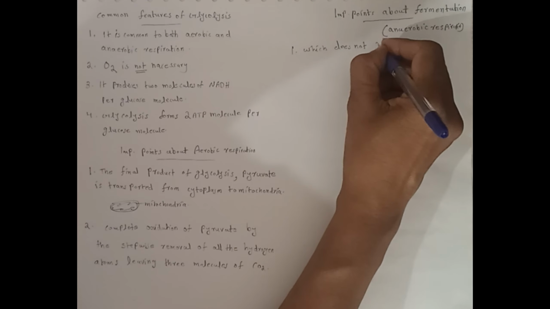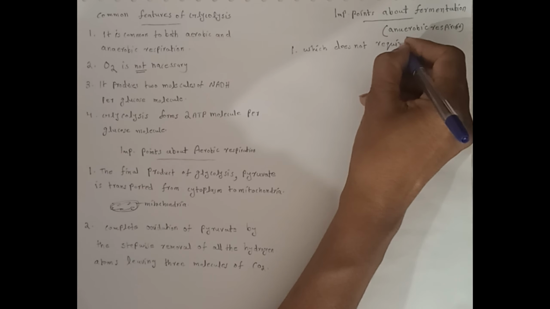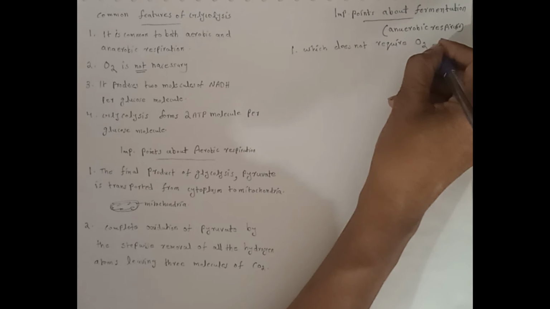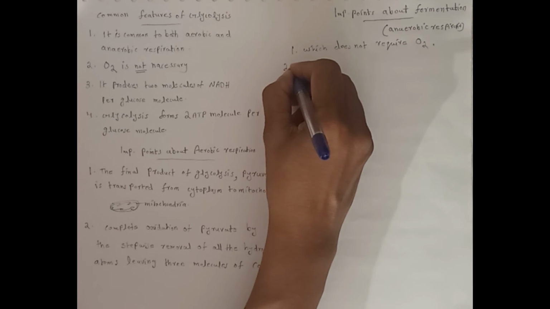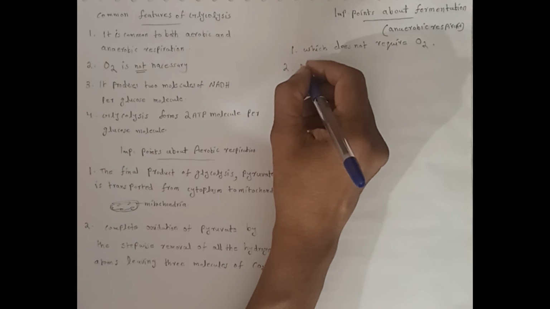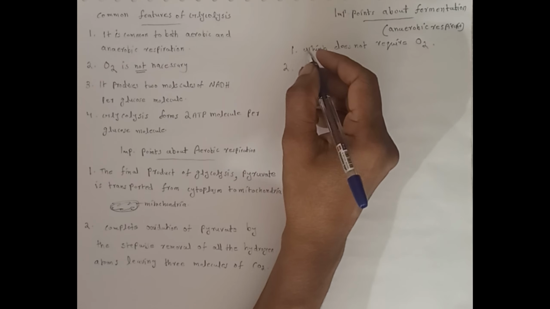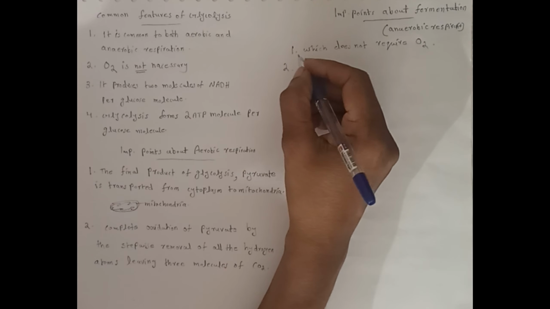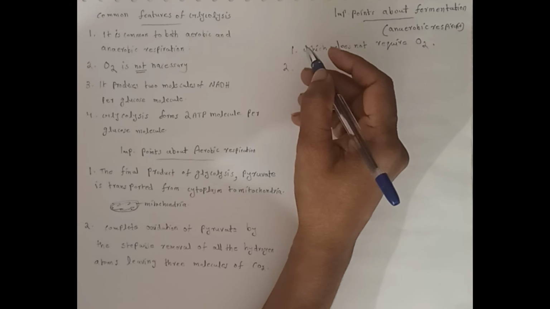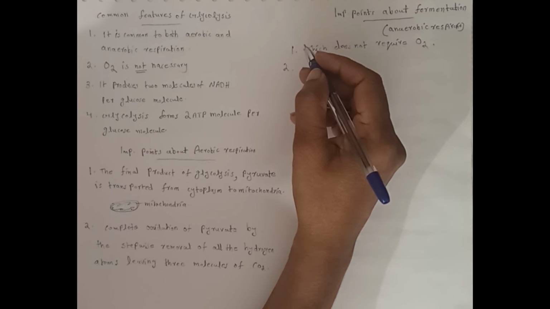Second point, fermentation produces different products. That means maybe ethanol or lactic acid. In the case of yeast cells, ethanol is the end product, and in the case of muscle cells, lactic acid is the product.